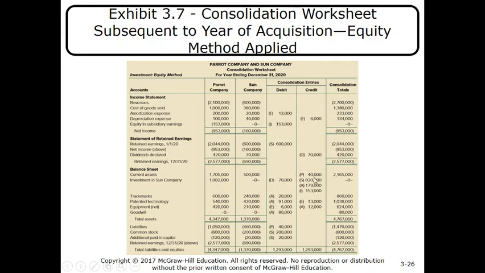So you're going to credit current assets for $40,000, and then your debit here, in the consolidation records, they just list all liabilities, current and long term. And so to back out a liability, you're going to debit $40,000. So that's the only other entry that you have to know about.